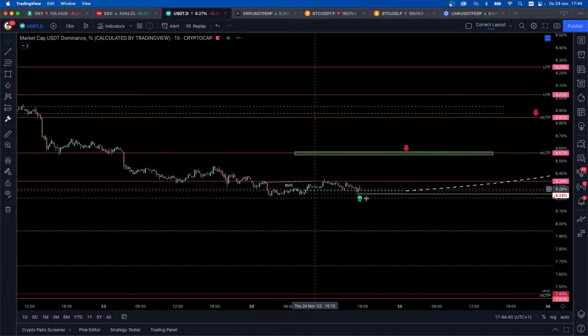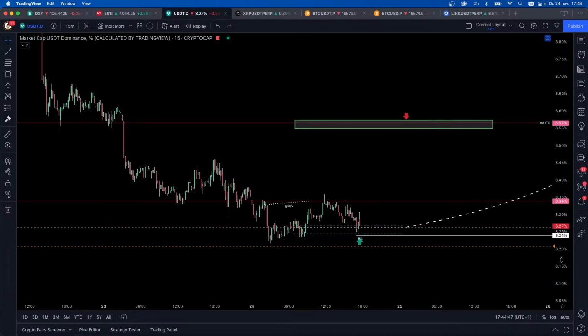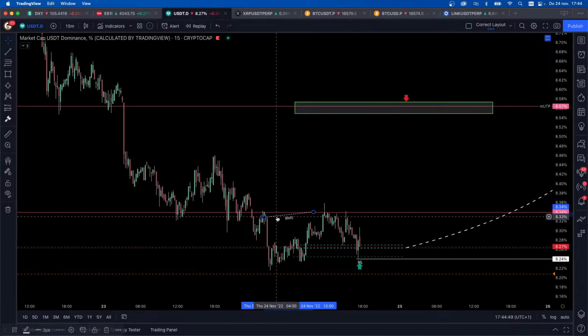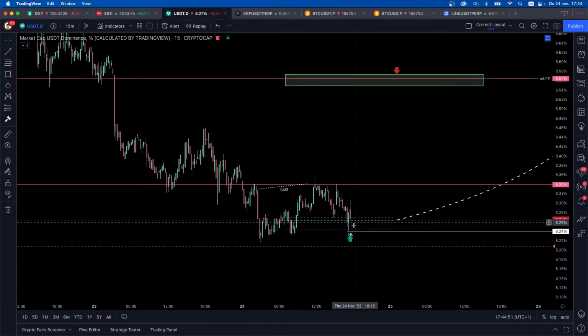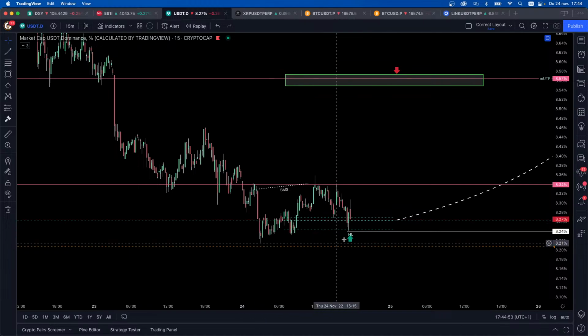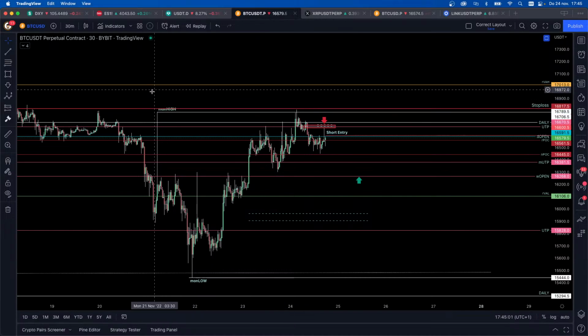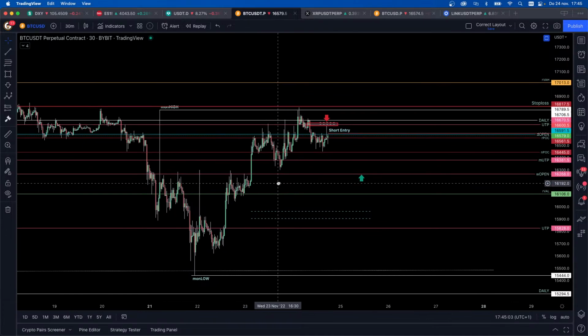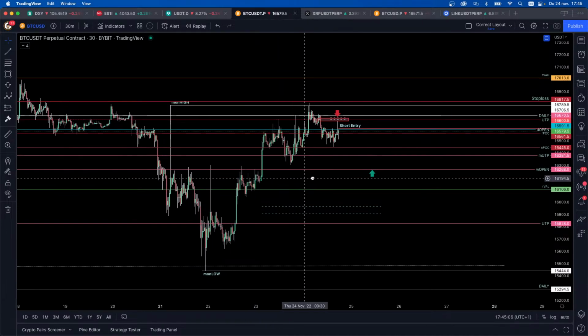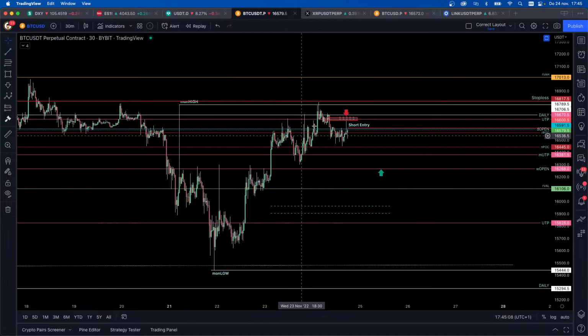And we have a little break of market structure, but I do need this higher low to hold. So I have a stop loss slightly over Monday high. I would like a broader range in here to form.